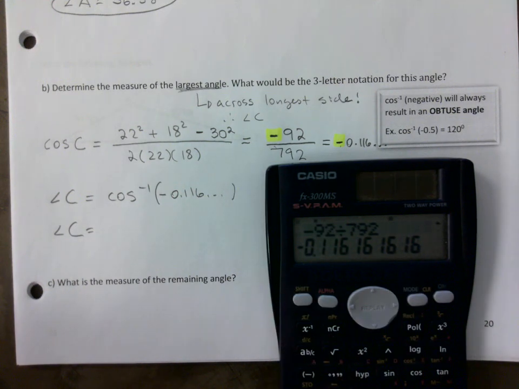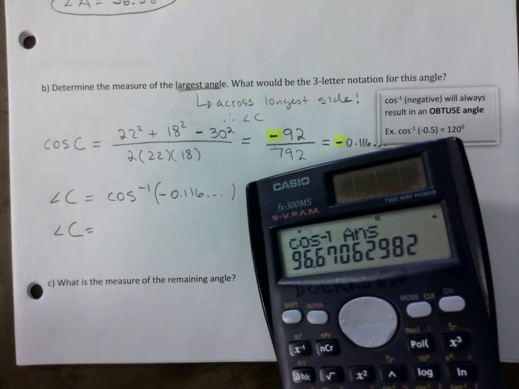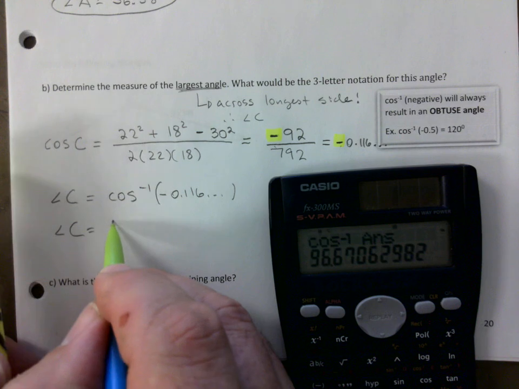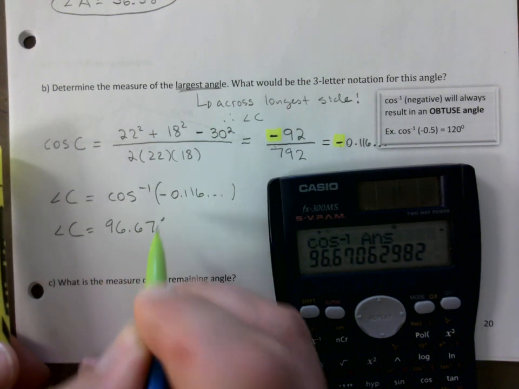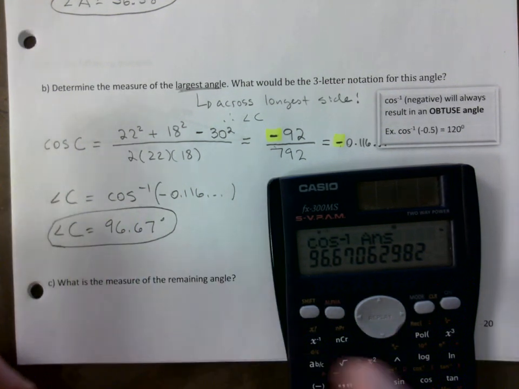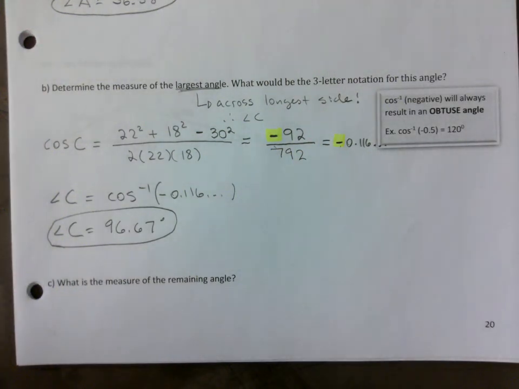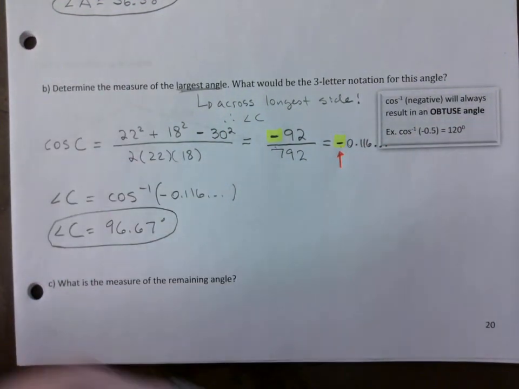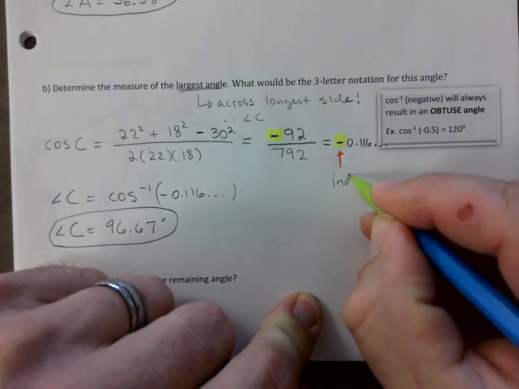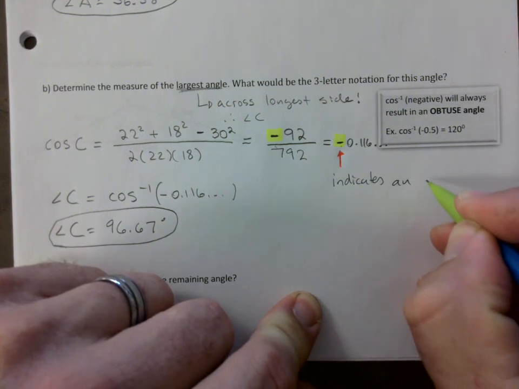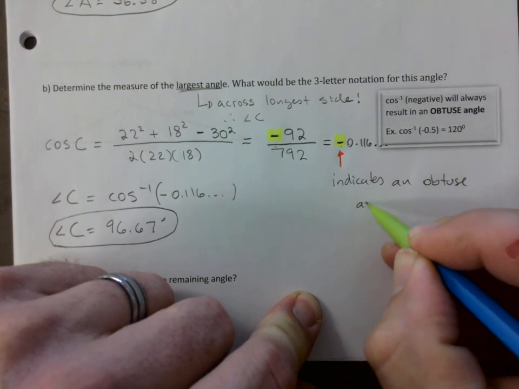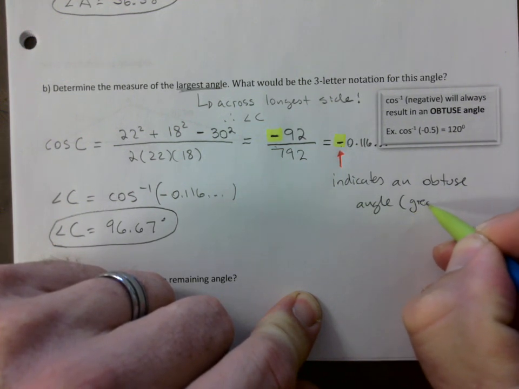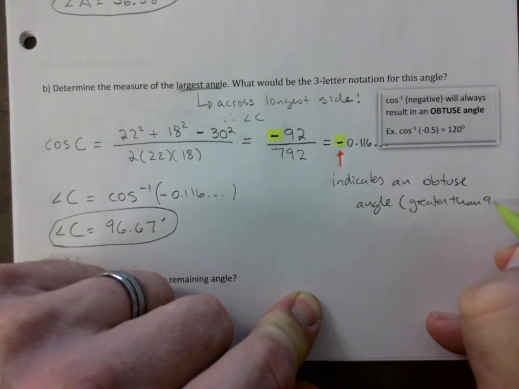And so I go shift, cosine, and then I hit equals, and you get 96.67 degrees. Don't forget the degree. And I'll make a note: this indicates an obtuse angle, greater than 90 degrees.